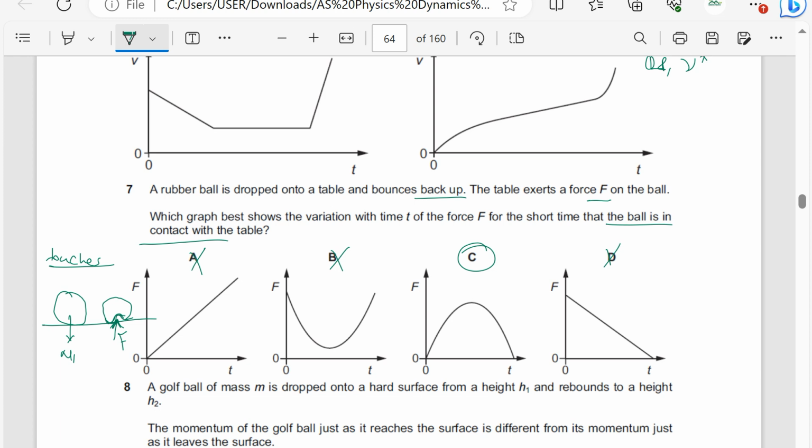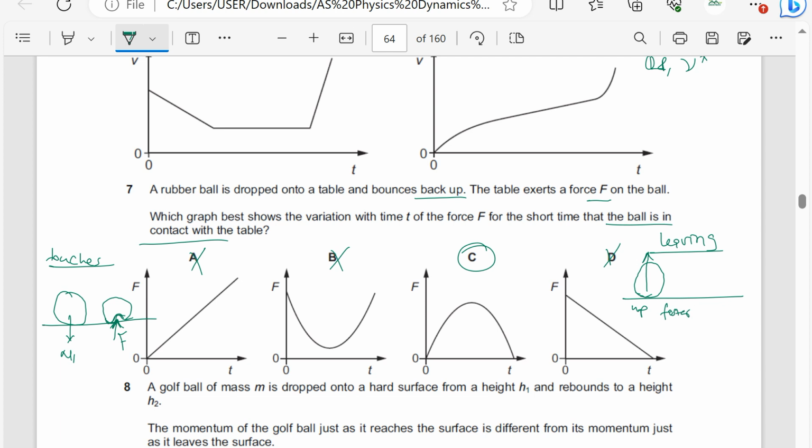Then after that is when it is leaving. When it is leaving, the part which was deformed must be straightening up. It is now moving. It is just turning to leave, so it is going to move upwards faster.